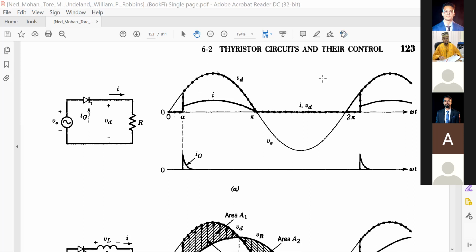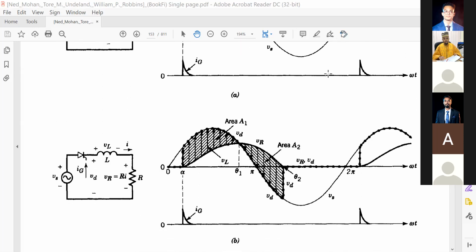Now, we shall discuss the RL circuit, right? Did you not discuss the RL circuit for the diode case? So you did. Okay, here, I don't like this figure.